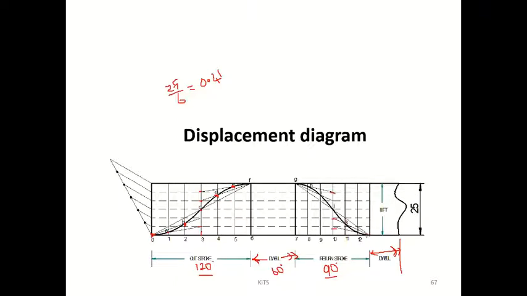Similarly here, this bottom first line is number 1, bottom second is number 2, bottom 3 here, top second is number 2, this top here. So now connect all these points.